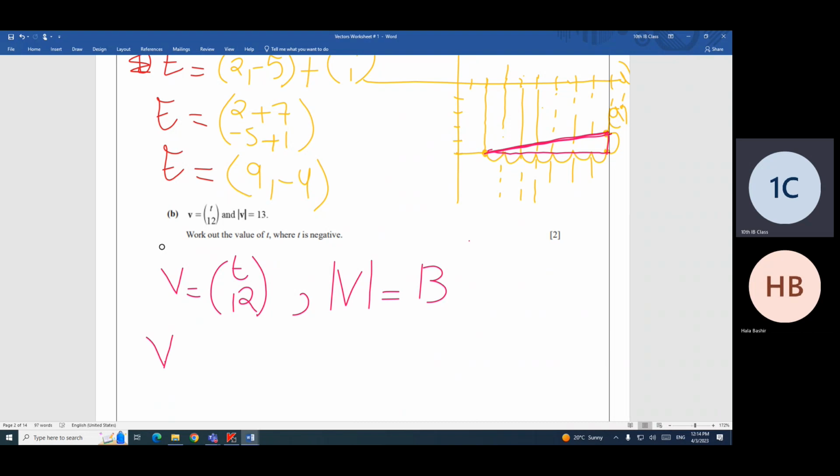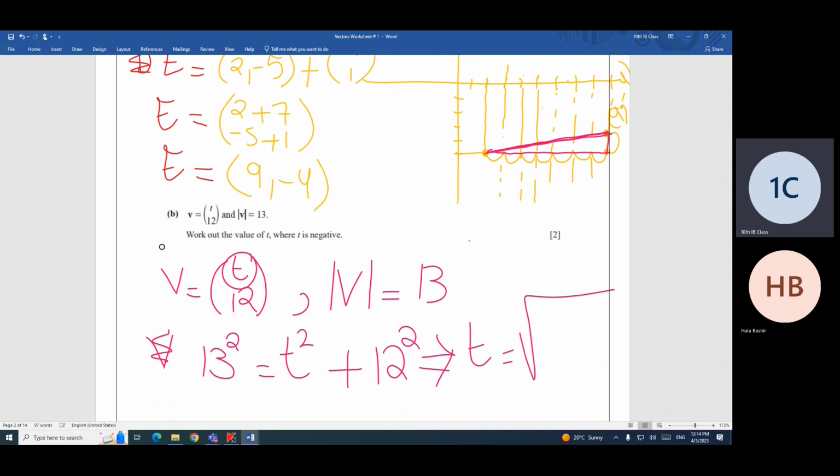We say 13 squared equals t squared plus 12 squared. Solve it, and t will be the square root of 13 squared minus 12 squared.